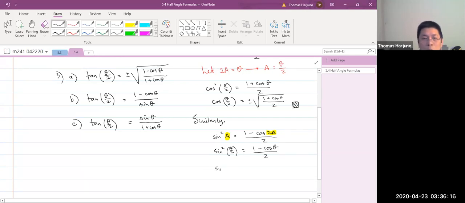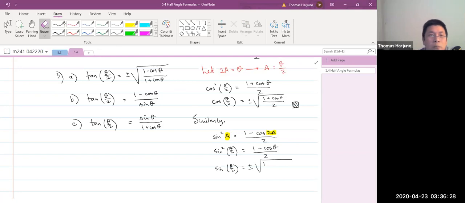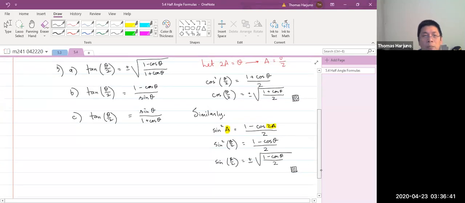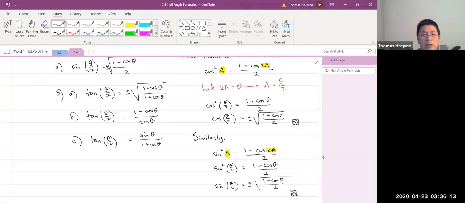Then I take the square root of both sides, and I get plus minus square root of 1 minus cosine theta over 2. That's the end of the proof for the second statement.